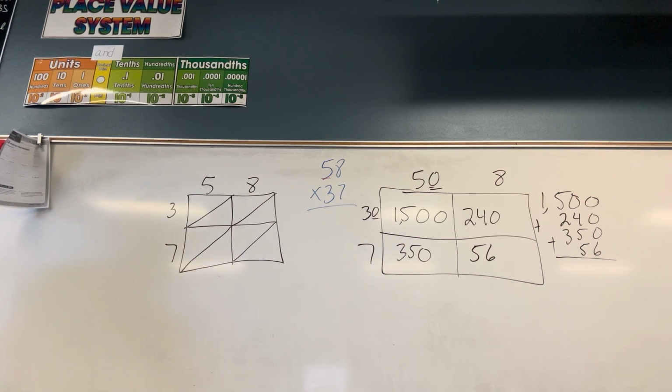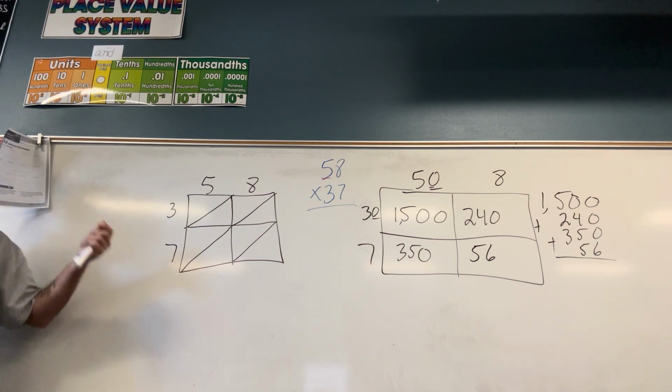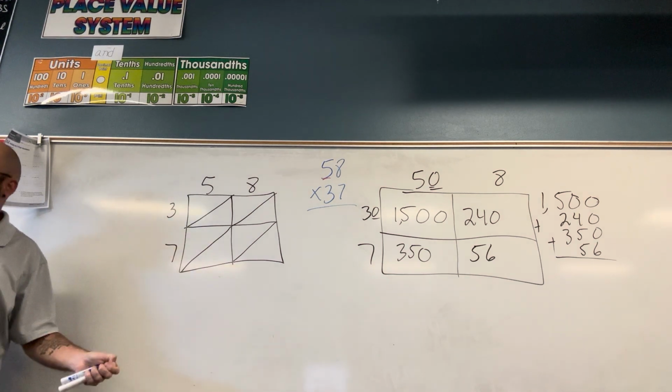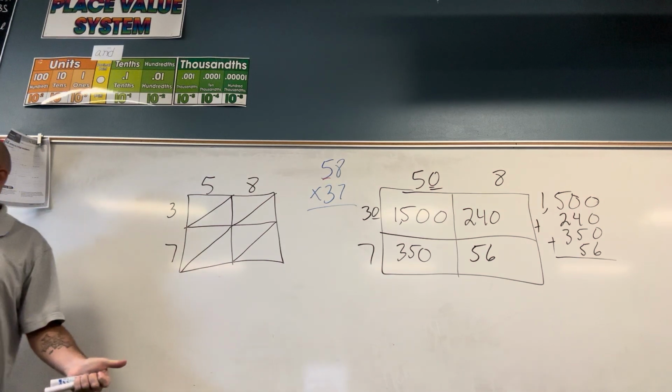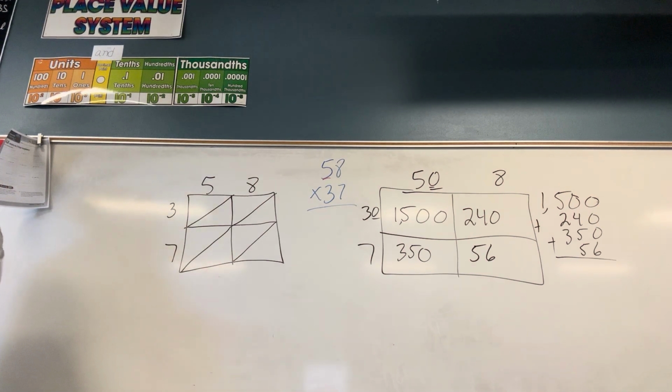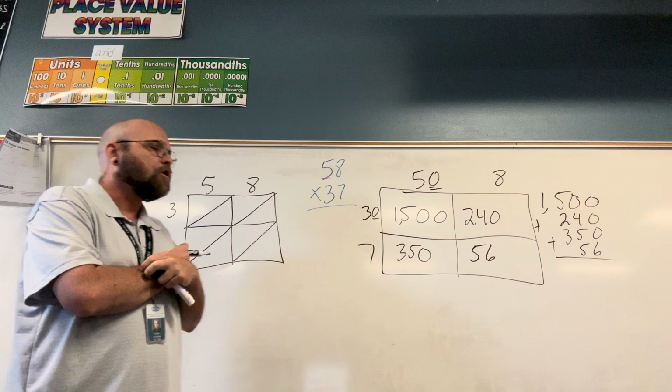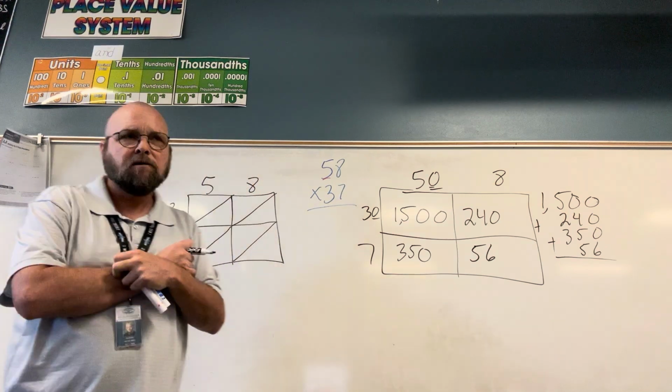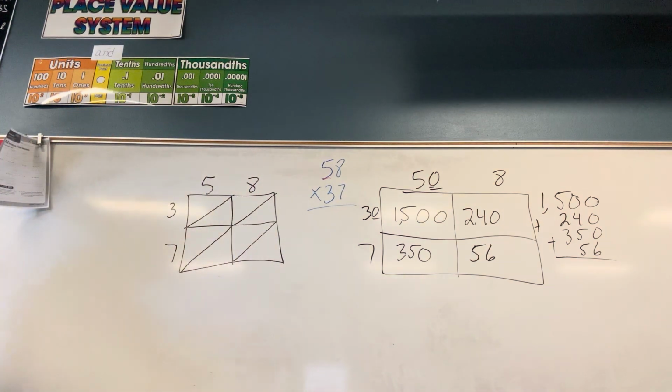How many of you have done the lattice method? Okay, so just a handful of you. All right, again, 1 digit by 1 digit. I will keep saying this. You can multiply and you can divide if you know your 1 digit by 1 digit. That's it. That's why I said those games, that video program, all of that stuff is going to help reinforce that.